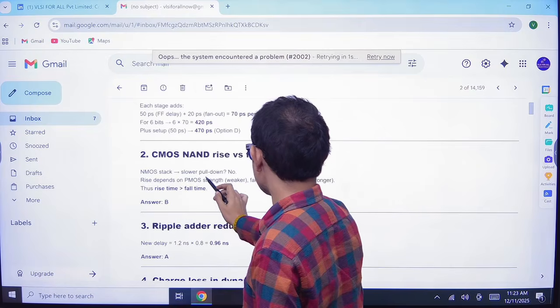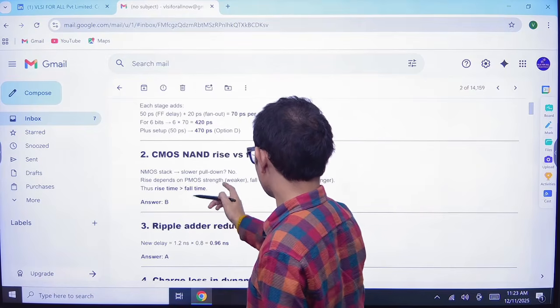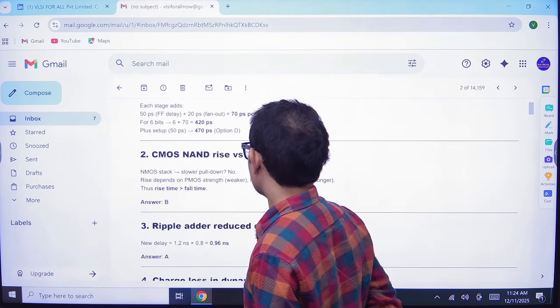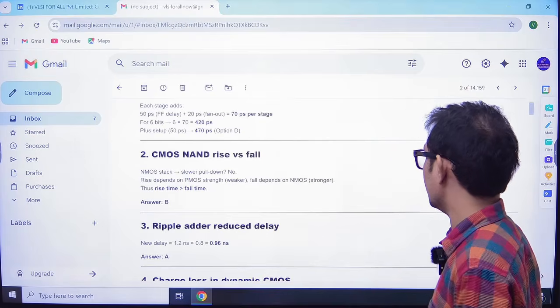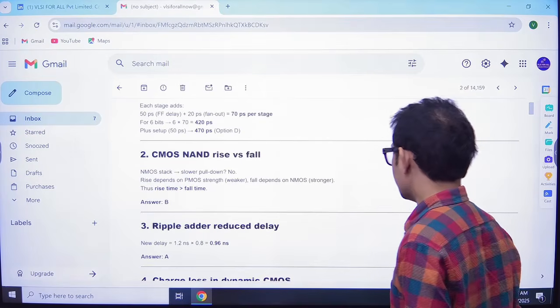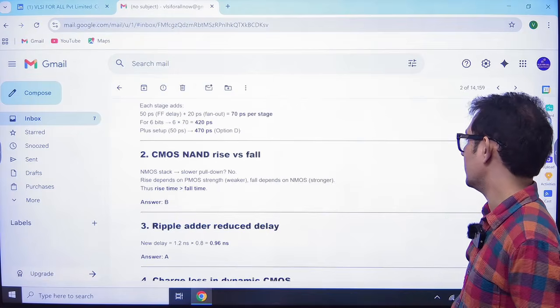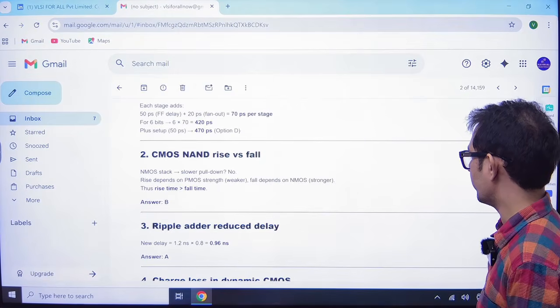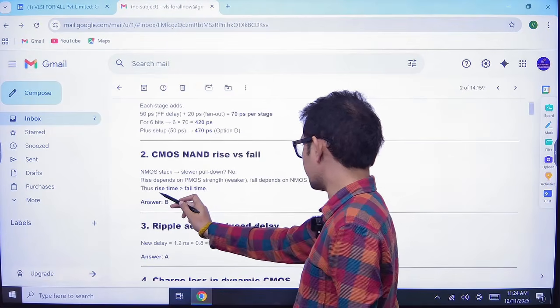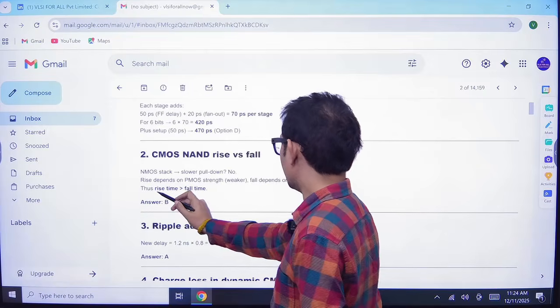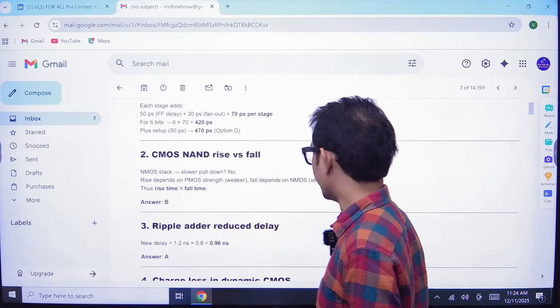NMOS takes the slope down, right? So rise time depends on the PMOS strength and fall time depends on the NMOS. So the correct answer for this is B: rise time is greater than the fall time.